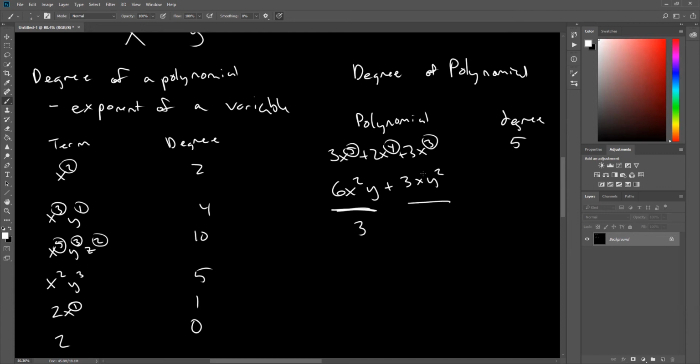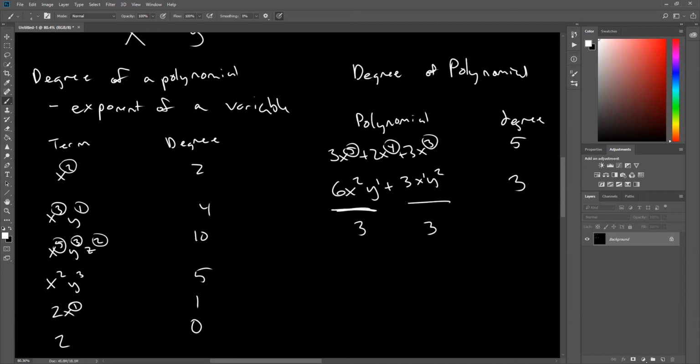So we also have an x to the 1 here. So this is a 3, right? Same thing with the y here. But remember, the x also has a 1. So that means our highest degree is 3, right? Because these are both 3. There's nothing higher. So the degree is 3.